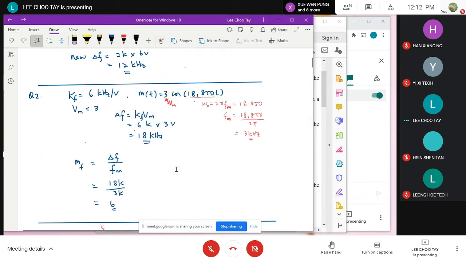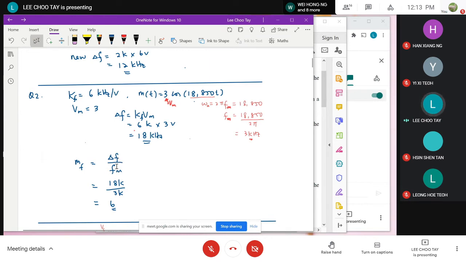So in fact, the solution is very simple as well. As far as frequency deviation is concerned, you just multiply Kf with Vm. Kf is 6k, Vm is 3, so that gives us a delta F of 18 kilohertz. Then to find the modulation index, you use delta F and divide it by Fm.